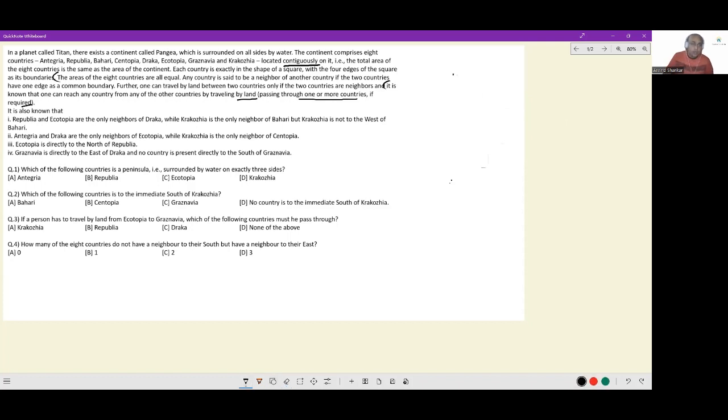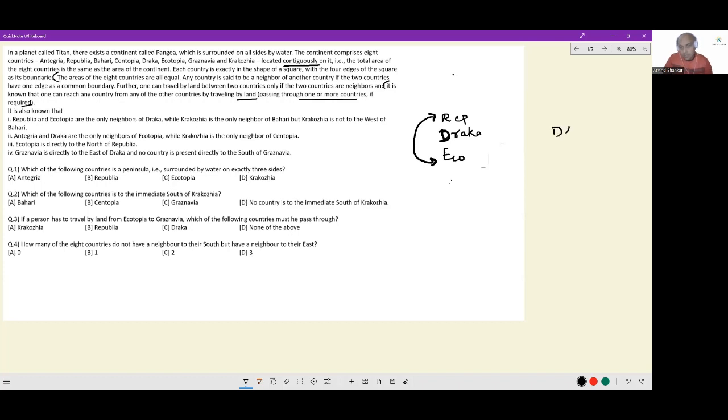It is also known that Republia and Ecotopia are the only neighbors of Draca. Now see, given that a neighbor means you share a side, you could have Draca here and Republia here, Ecotopia here. Draca here, Republia here, Ecotopia here, and these 2 can also switch spots among themselves.